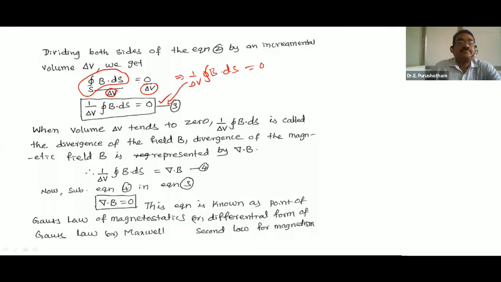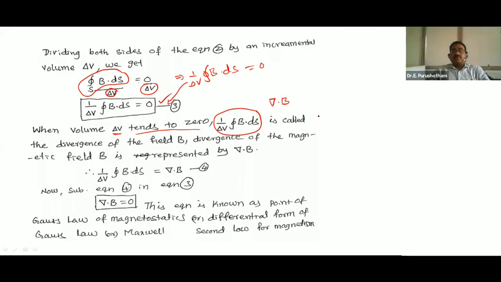Both are same. When the small volume delta V tends to 0, 1 by delta V surface integral of B dot ds is called del dot B, the divergence of B. Already I discussed it in Maxwell's first equation.